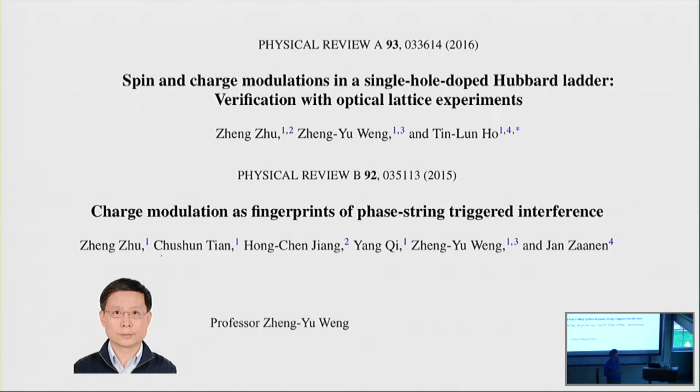However, I think the communication between the cold-atom community and a certain fraction of the condensed matter community is not very efficient, and there are a lot of language barriers. But what I will talk about a lot today is the so-called concept of phase strings, which was established by him some time ago.